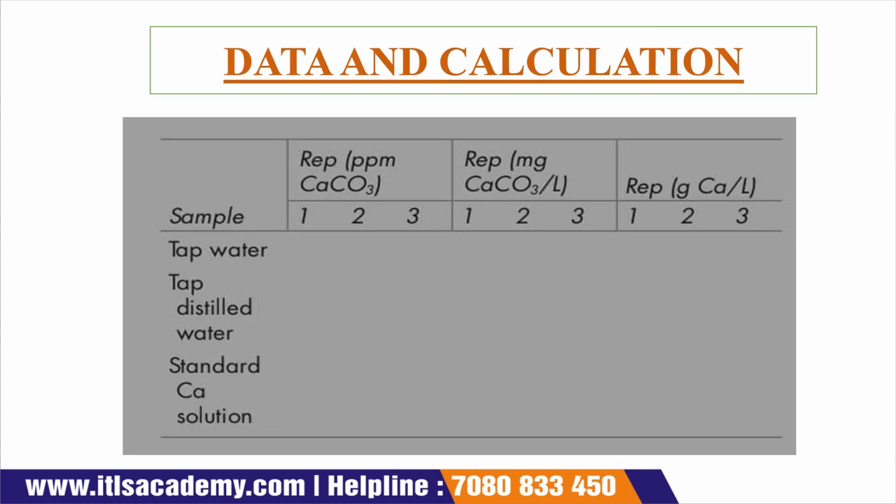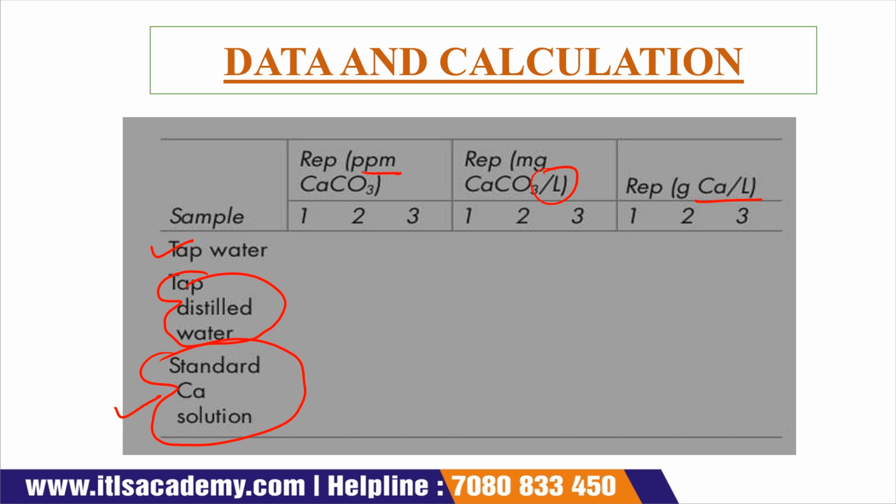Now the data and calculation. Here we have a tap water sample, we have distilled water, we have a standard calcium solution. For all of them, we have the respective ppm calcium carbonate, the respective milligram calcium carbonate per liter, and the respective gram of calcium per liter.